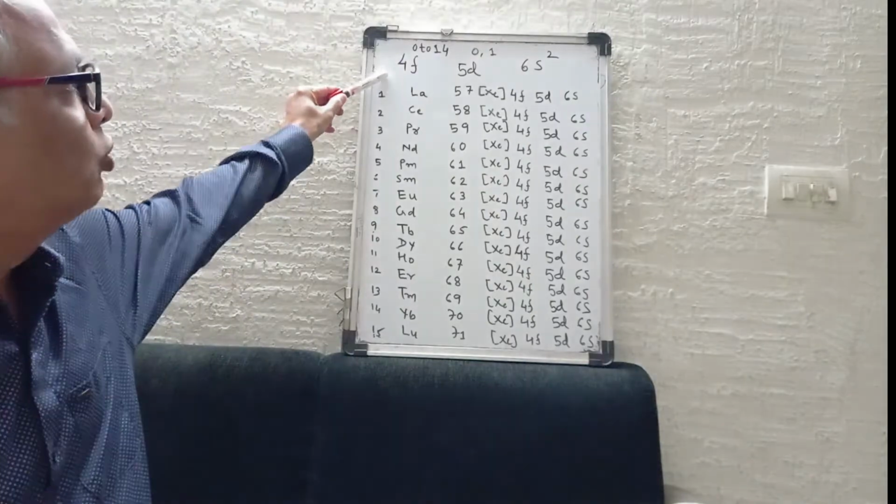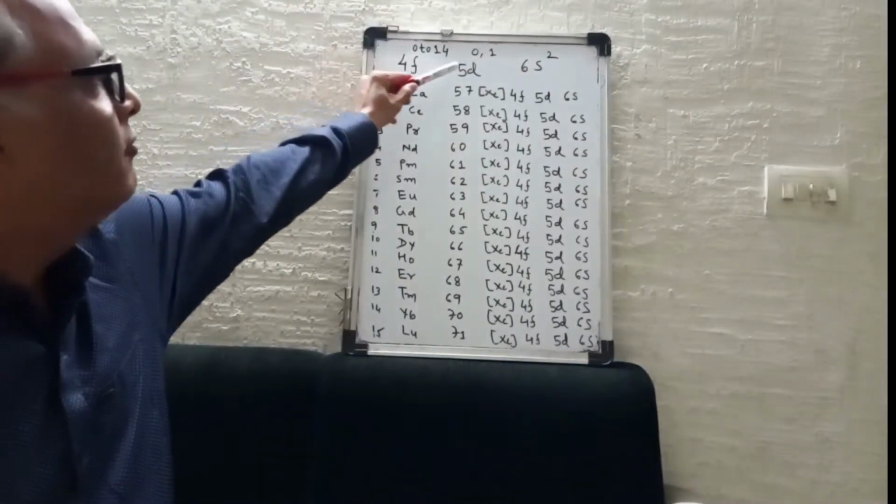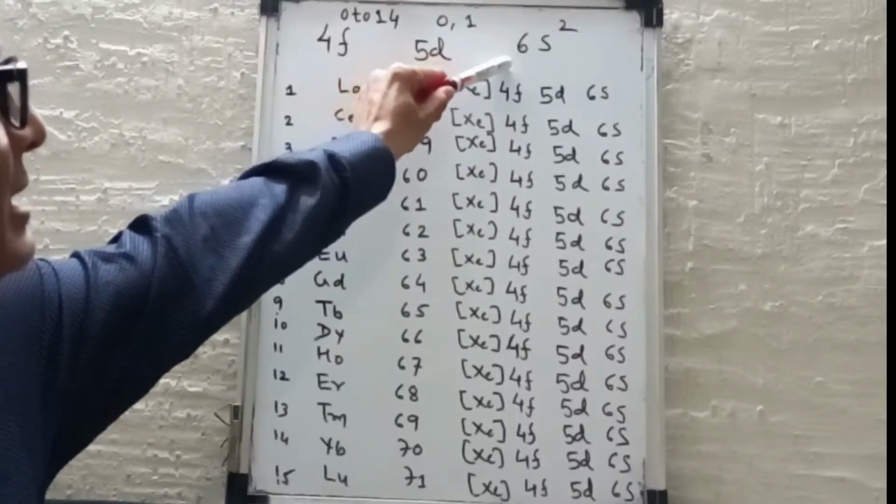First of all, we write the general electronic configuration of lanthanide elements this way: 4f 0 to 14, 5d 0 to 1, 6s2.